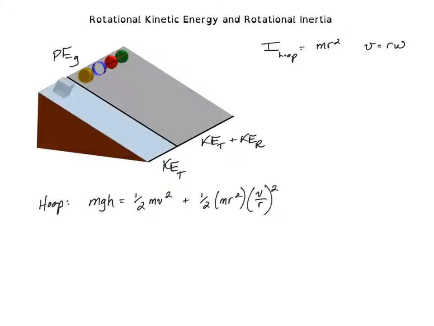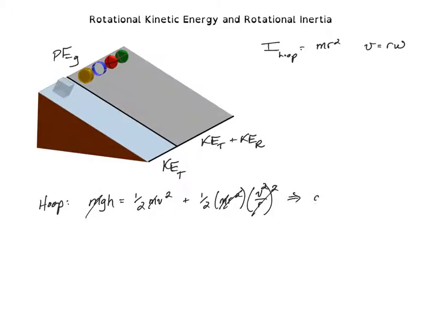Now I'm just going to simplify this thing way down. If I square this term right here, I'm going to end up having velocity squared. That's going to get rid of this r squared. My masses end up canceling out everywhere. So from here, I can just do some simple algebra to simplify this down.